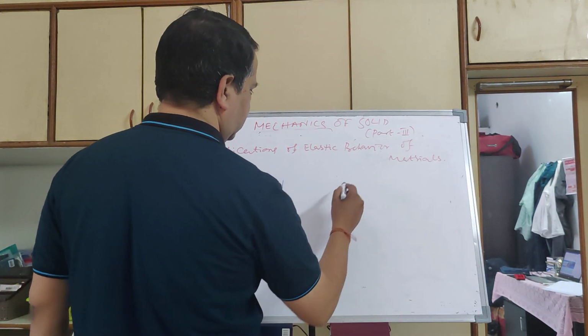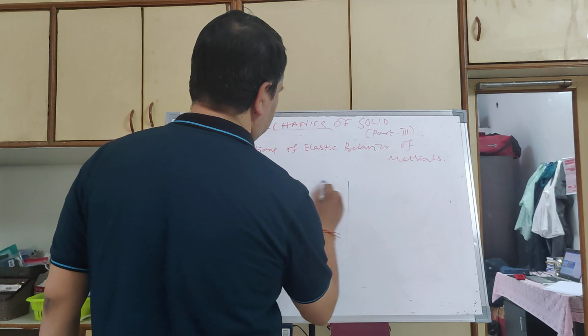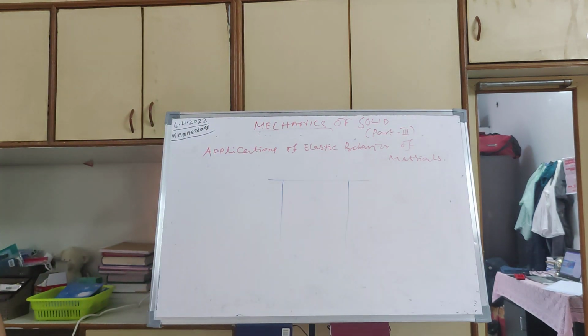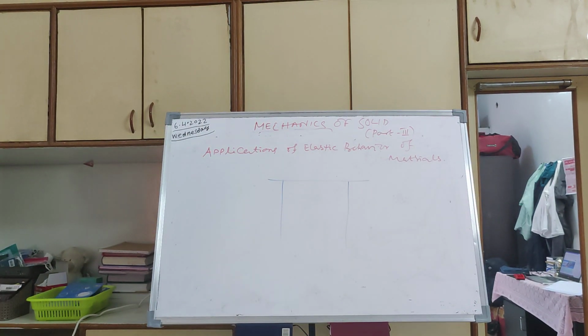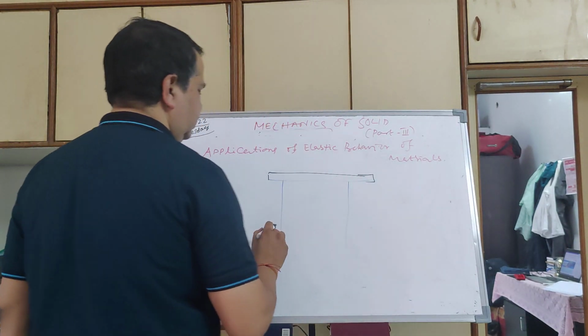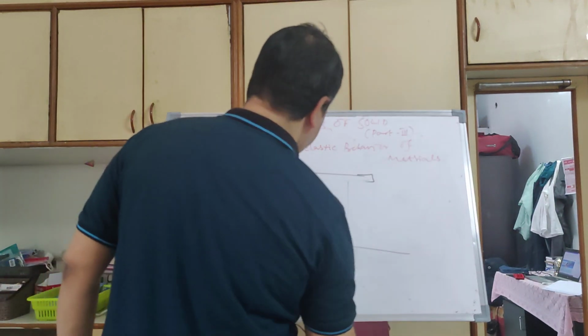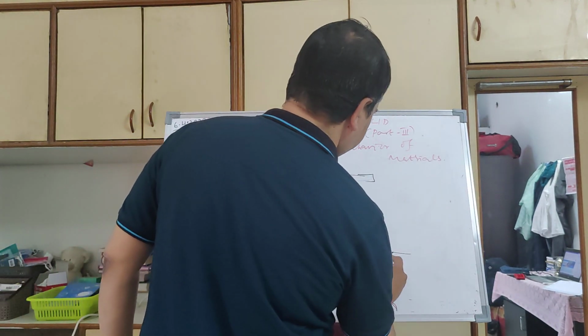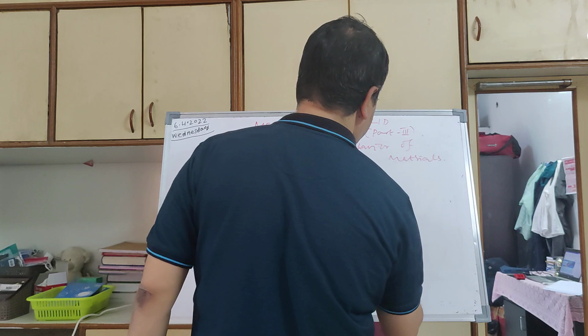So you have columns like this and beams like this in a building. Suppose this is your roof, and let us say this is your foundation. So this is your column, right?